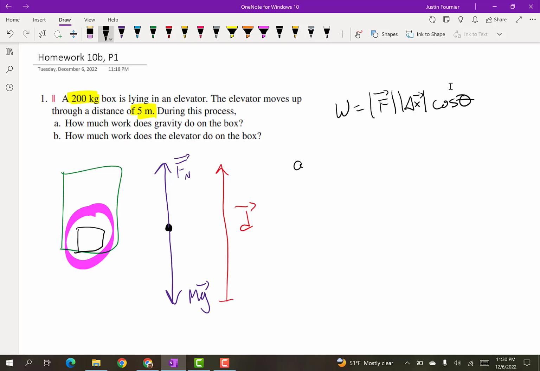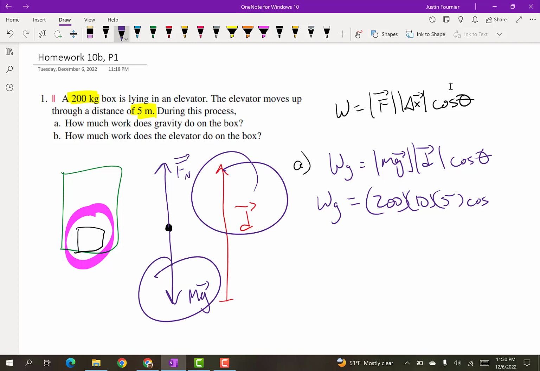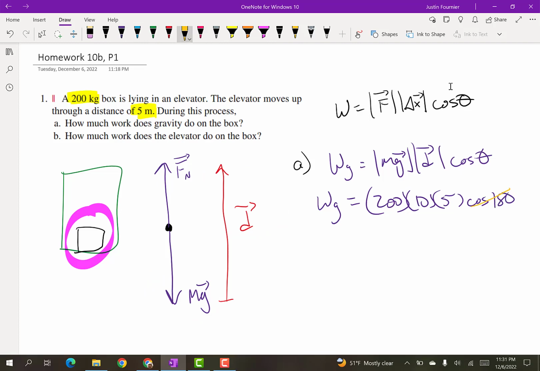So for part A, using that equation for work, the work done by gravity is going to be the magnitude of the gravitational force times the magnitude of the displacement times cosine of the angle between those two.